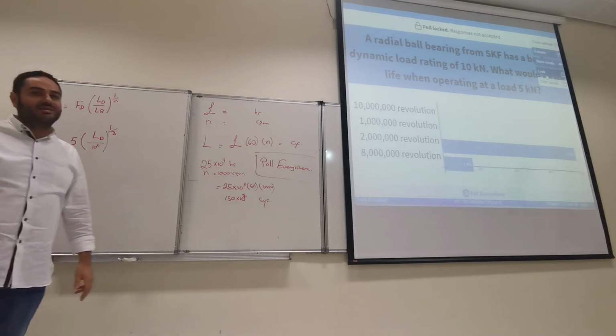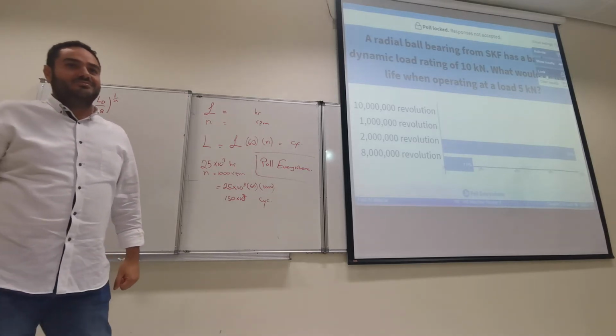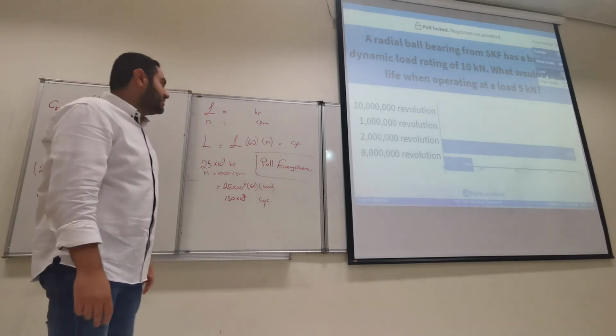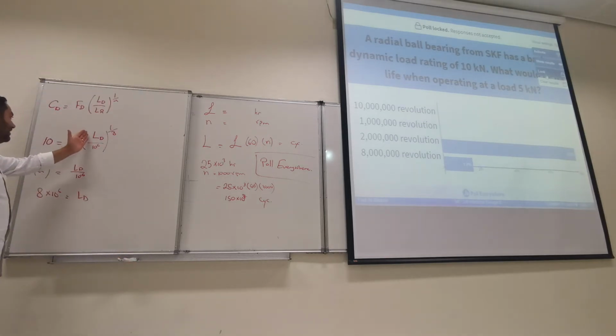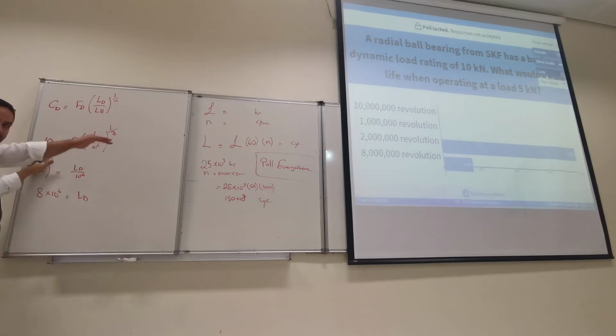It's going to be 1 million. If the desired life is 8 million, definitely you cannot apply 10 kilonewton. Because if I apply the 10 kilonewton, it means the capacity of the bearing, it will live for 1 million cycles. You get my point?